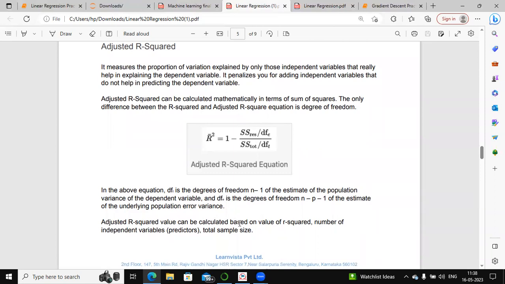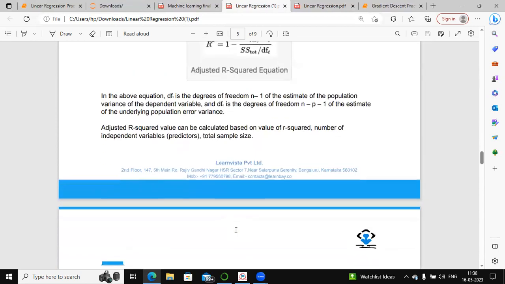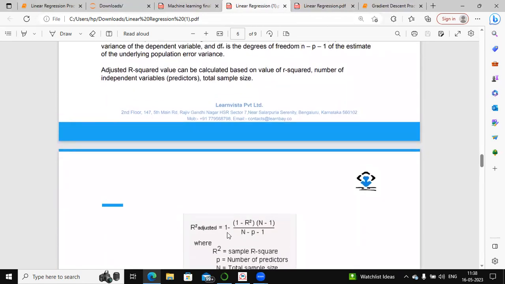Adjusted R square value can be calculated based on the value of R squared, the number of independent variables (predictors), and the total sample size. So adjusted R square is 1 minus (1 minus R square) into (N minus 1) by (N minus P minus 1), where P is the number of predictors, that is independent variables, and N is the total sample size.